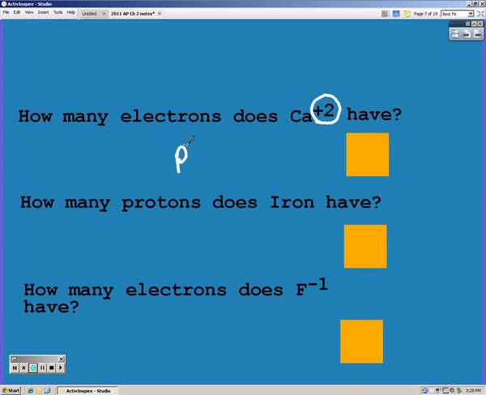First one, calcium has a +2 charge. Calcium always has 20 protons, which means we have more protons than electrons. We have to have 2 more protons than electrons, so that gives us 18 electrons. To find out how many protons iron has, you just have to look at the atomic number of iron, which is 26.